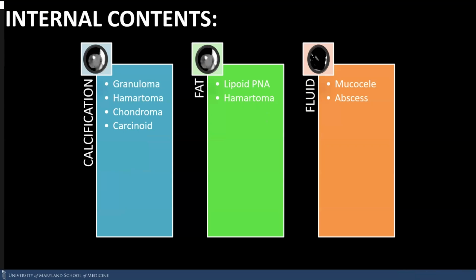So when we look at the internal contents of a pulmonary nodule, if it has calcifications, you can think about the differential diagnosis as being granulomas, maybe a hamartoma, chondroma, or a carcinoid tumor. Now, carcinoid tumors can be divided into two groups dependent on location. They can be bronchial carcinoid tumors, which are central lesions, and that's the most common type of carcinoid tumor.